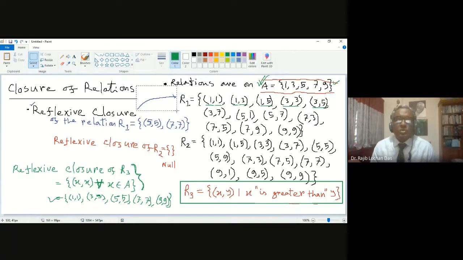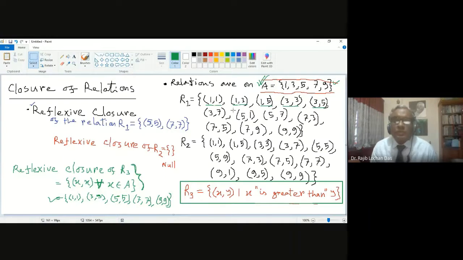If it is not reflexive, then you will check why it is not reflexive and what the missing elements are. If only R1 is given in this example, then you are not thinking about the condition. Whatever the condition, I do not care. These are the elements given, so I will see them and then make my answer.